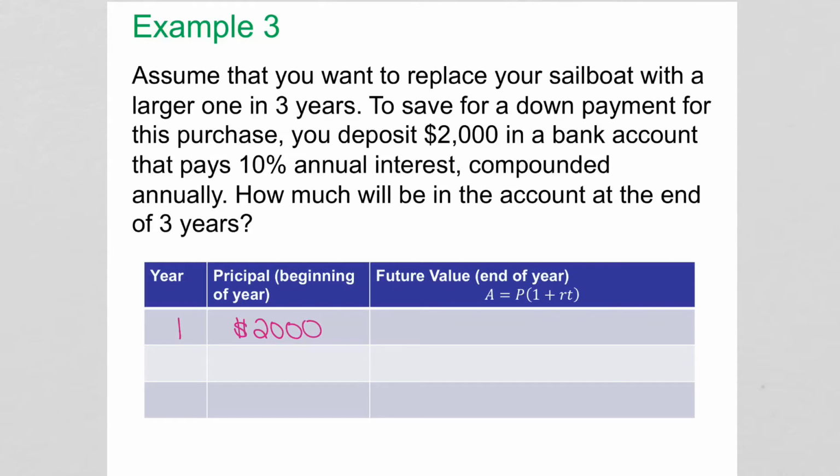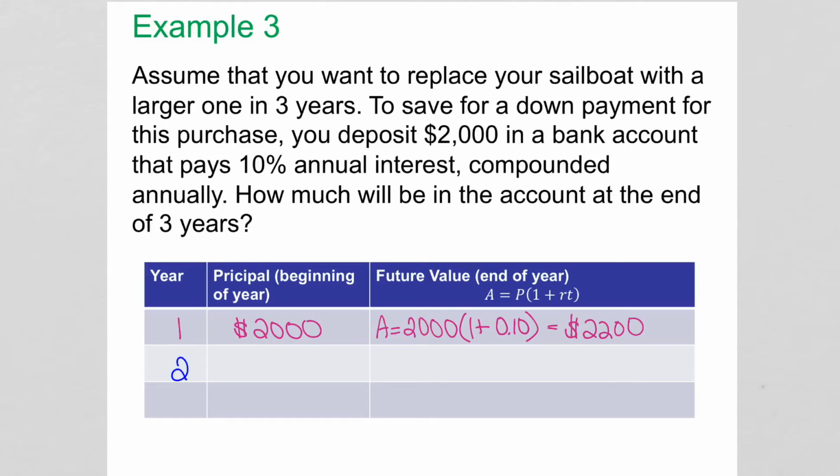So at the end of the year, we plug into our formula 2,000 times 1 plus the rate, that was 10%, times just 1 year. So we don't need to multiply by 1 there. And so we multiply 2,000 times 1.1 and get $2,200.